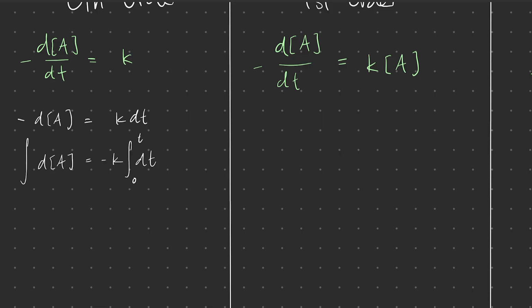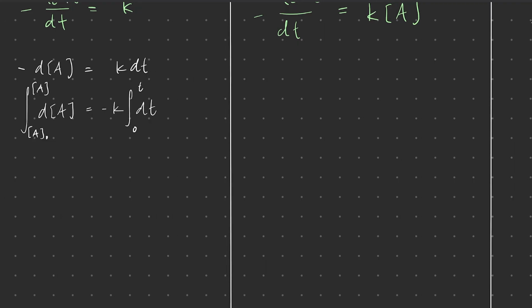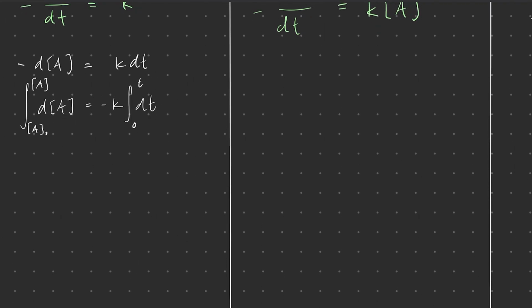And what would the corresponding bounds be for concentration? Well, at time 0, we just know the concentration is A naught. And then at time t, you can say the concentration is concentration sub t. I'm just going to leave it as A because we can understand in context that that's what it means. Of course, for your own clarity, you can write it out. Now, this integral is fairly easy to do.